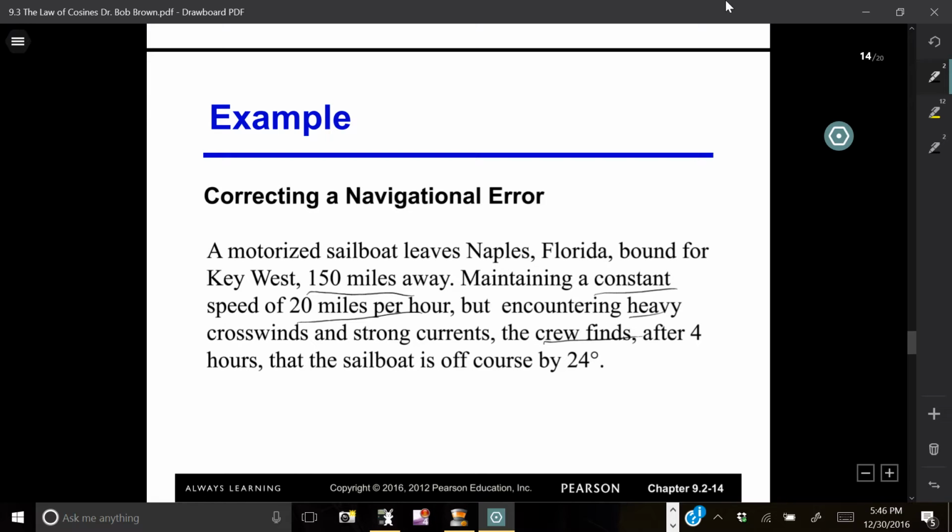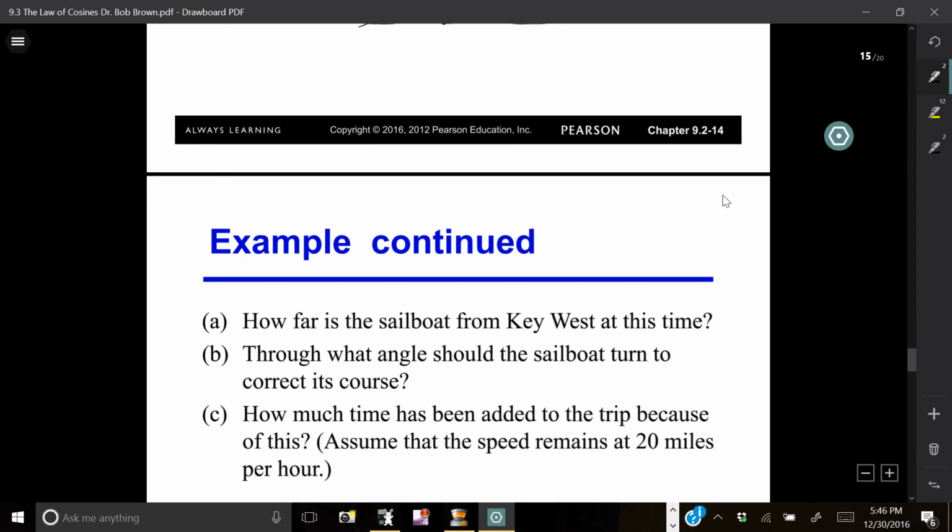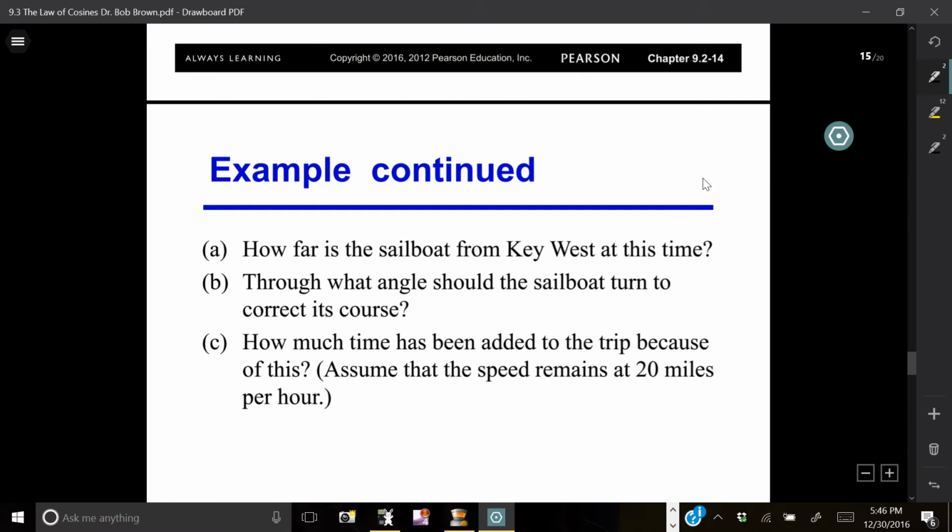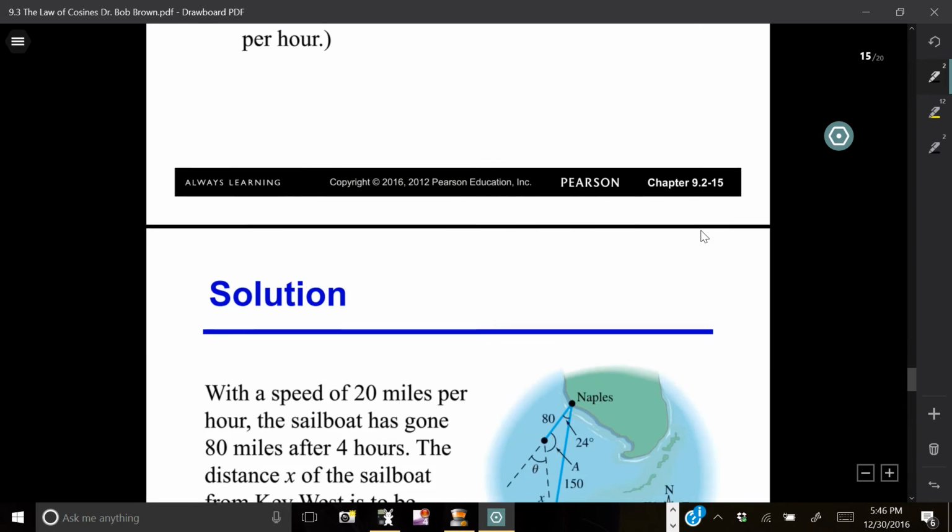And the crew finds itself after 4 hours that the sailboat is off course by 24 degrees. And we want to answer the question, how far is the sailboat from Key West at this time? Through what angle should the sailboat turn to correct its course? And how much time has been added to the trip because of these winds, assuming that the speed remains at 20 miles per hour.